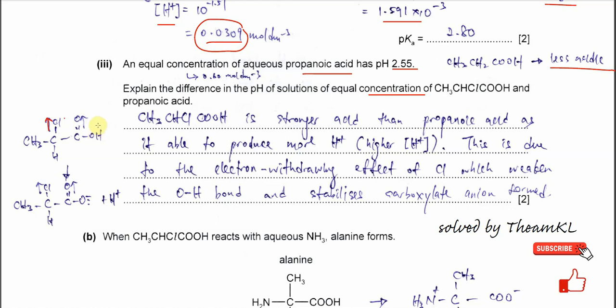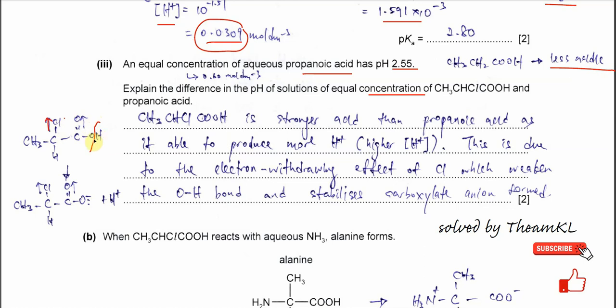So the OH now has lesser electron density, therefore it is weaker and easy to break. So we say that this is an electron withdrawing group. Of course the carbonyl group here is also electron withdrawing, but at the same time this is also electron withdrawing. So there are two effects now. The chlorine is able to further weaken the OH bond.